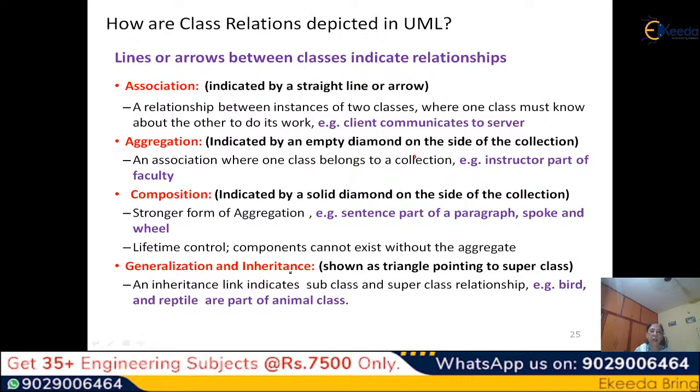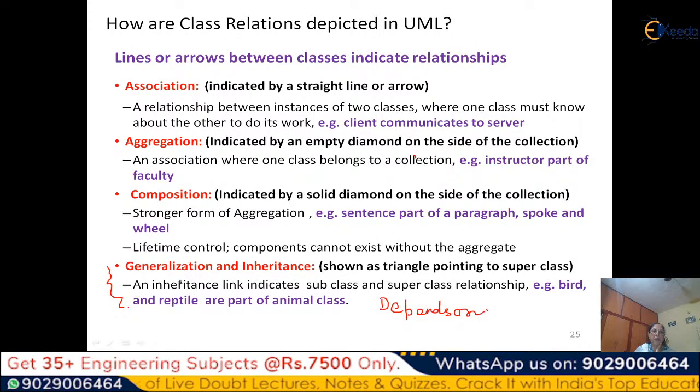And in generalization and inheritance, we show it as a triangle pointing to the superclass, because this is normally the is-a relation. The last type of relation is dependency. We call it dependency, depends on. Here you have the superclass and subclass kind of relation, what is known as generalization.